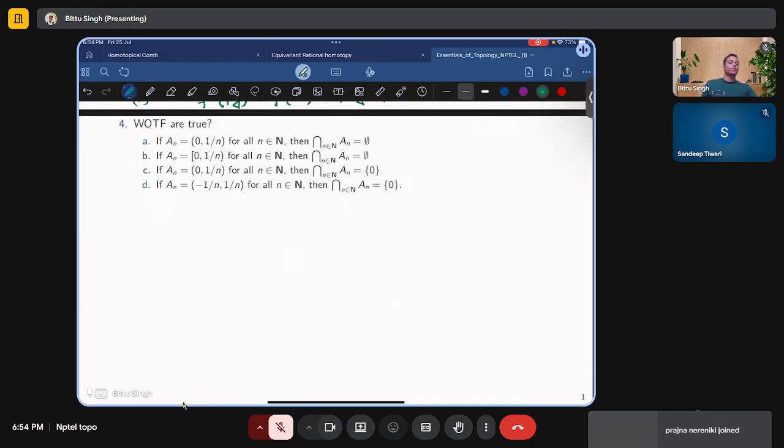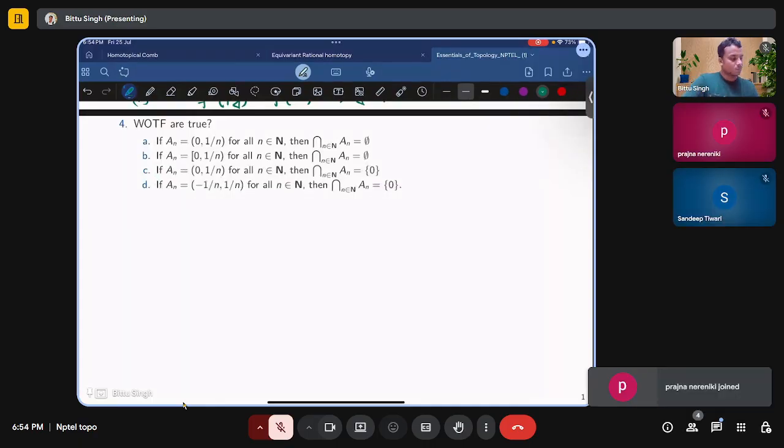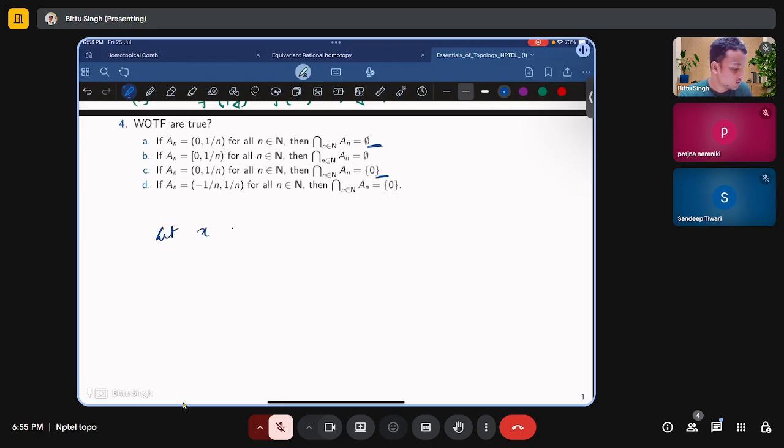Which of the following are true? The first one says A_n is the open interval (0, 1/n). Then what about the intersection? Is the intersection empty or is it 0? Let me see. If possible, assume x belongs to the intersection.